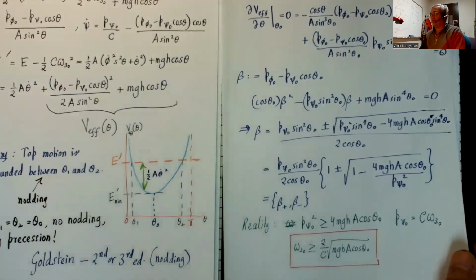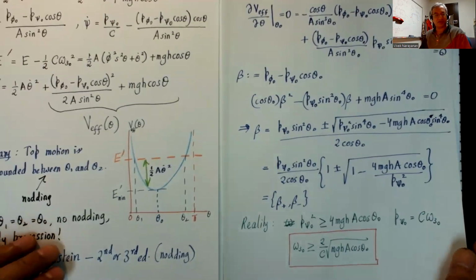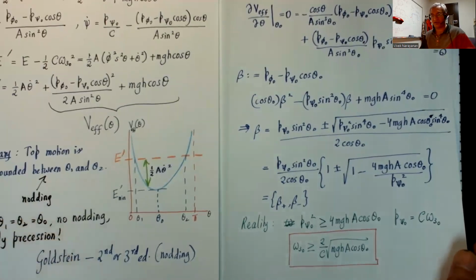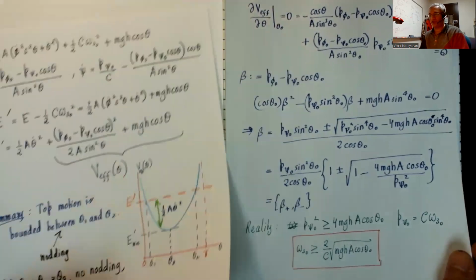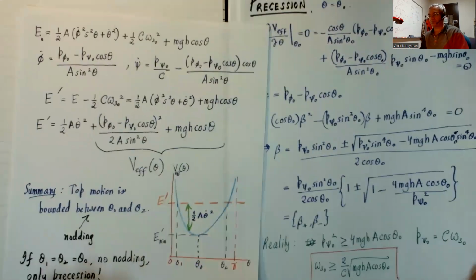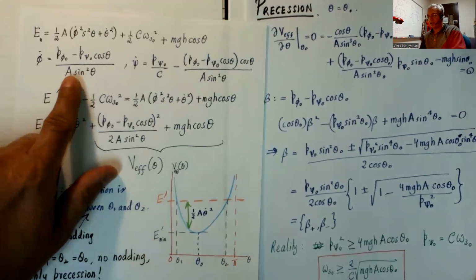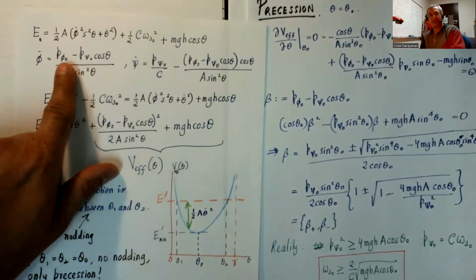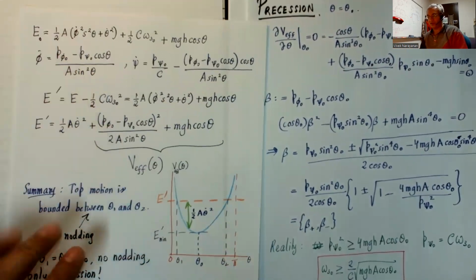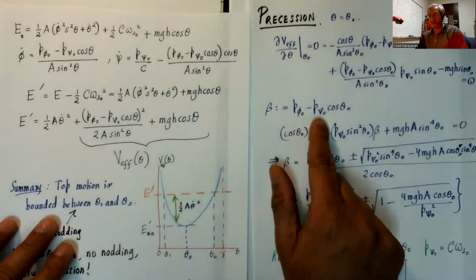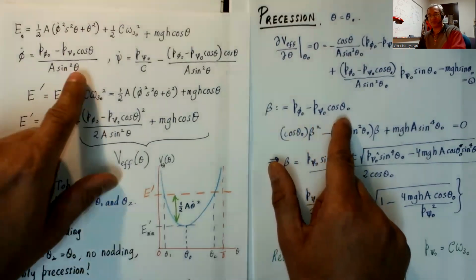What I'm going to do now is use the equation that we had earlier, which is this one here. I've called that beta because p phi naught minus p psi naught cosine theta naught has been called beta.